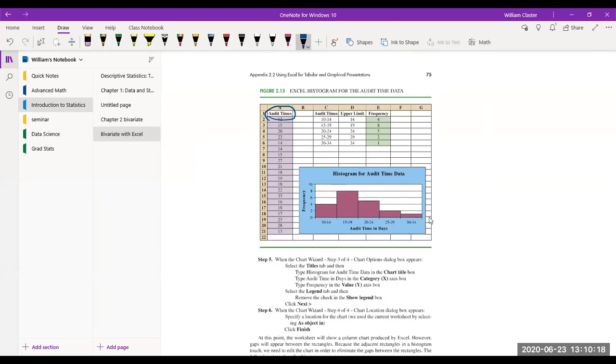And here's the data. And they made this table out of it. So this is numeric, right? But what did they do here? They categorized the numeric data. Yeah, they made it into categorical data.